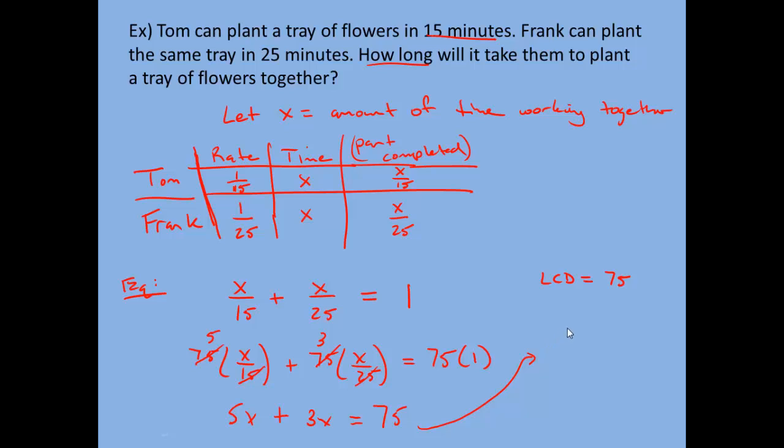And now combining like terms, I'll have 8x equals 75, and we'll solve as normal, so I'm dividing by 8, and I get x equals 75 divided by 8, which, since this is an applied problem, I really do want to know what that represents in terms of a number. So it comes to 9.375, and that's measured in the same units that our time was measured in originally, which is minutes.